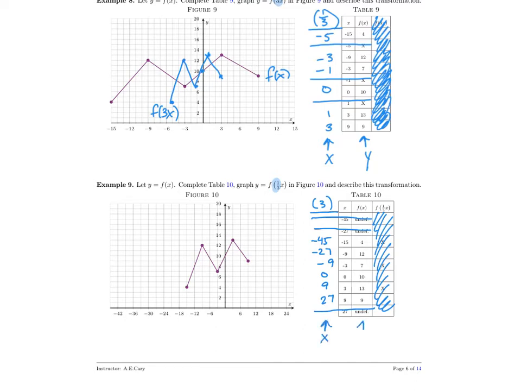Remember, these are our x values. These are our y values. They're going to look something like this. It's going to go there. Let's see.